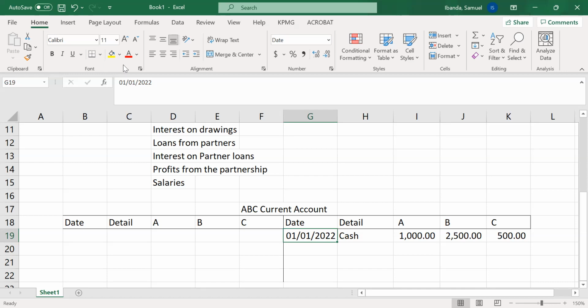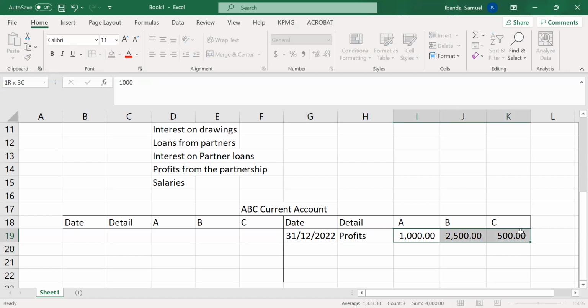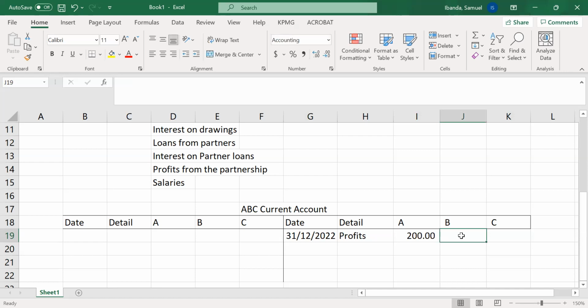So in case our partners at the end of the year, maybe 31st December, made some profits and then shared those profits, maybe this one got 200, this one got 500, and maybe this one got 100. The profits will be recorded on the credit side because ideally this account has a normal credit balance.